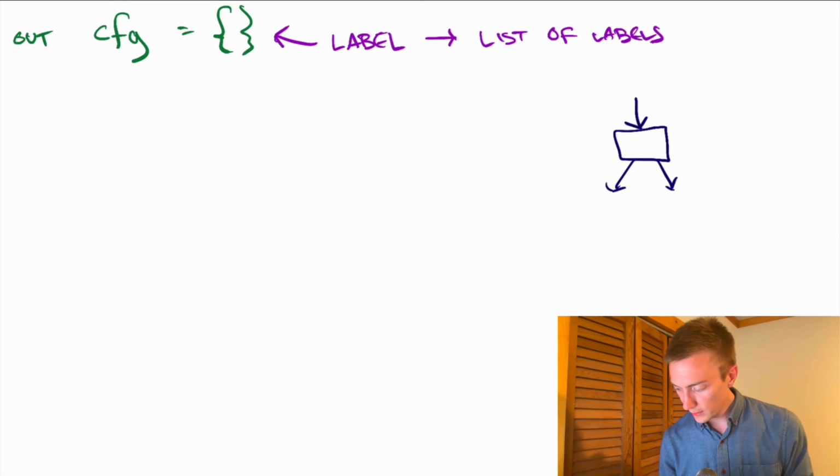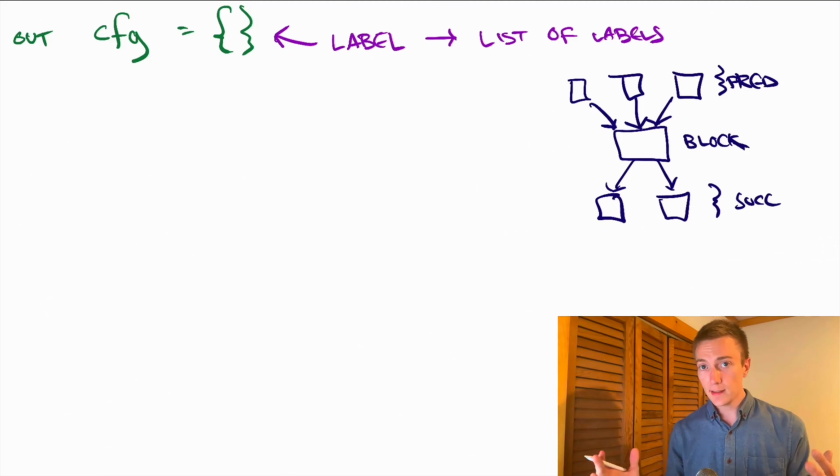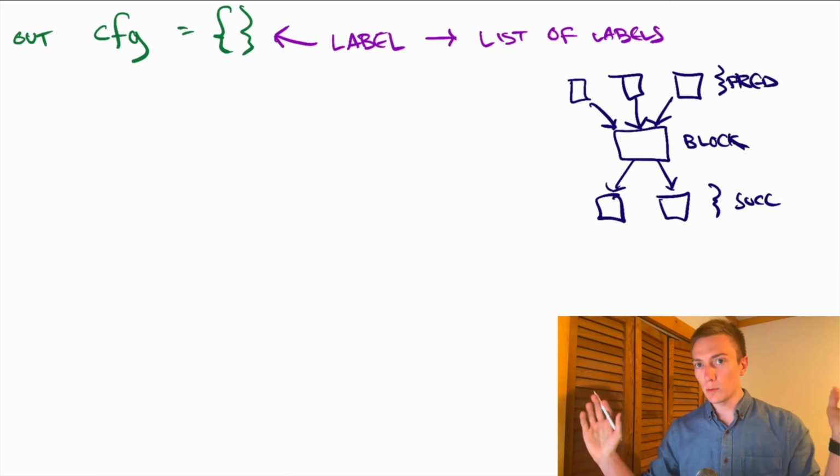So if this is some block that we're processing, then the blocks that have edges into this are called predecessors, and all of these blocks that have out edges from the current block, those are called successors. So this CFG thing, again, is going to map blocks to a list of all the successors of that block, and that will serve as a representation of the CFG.